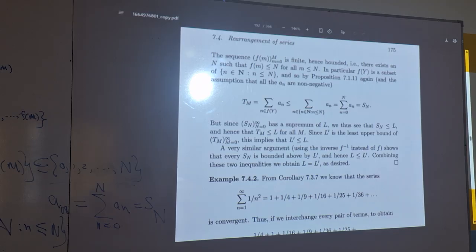We know that sigma An converges. We don't know whether sigma A Fn is convergent or not. From when you say that L dash is less than or equal to L, we have proved already that sigma A Fn converges.